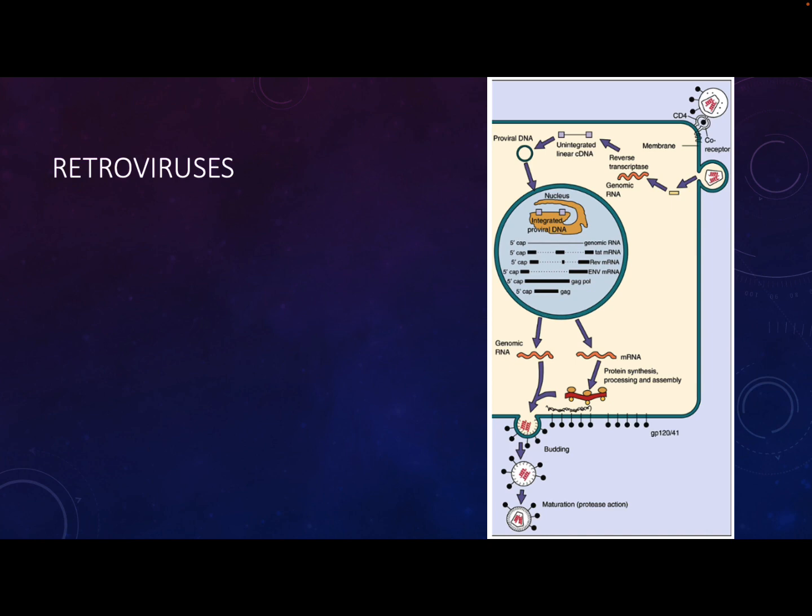So again, retroviruses, they bring their own reverse transcriptase, they turn the RNA into DNA, they use their integrase to integrate the DNA into the host chromosome, and then they transcribe their DNA back into RNA that can serve either as the genome or as a template for protein synthesis. Again, it seems like a really complex way to do this, so why would you go about it like this? But evolutionarily, they've been very successful.